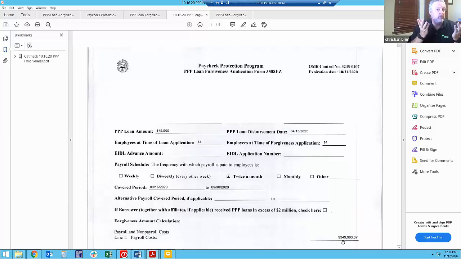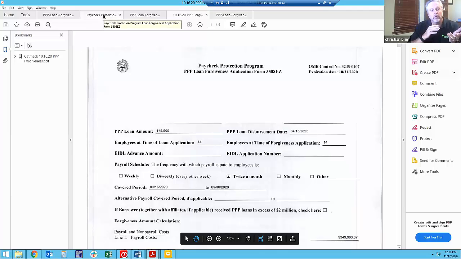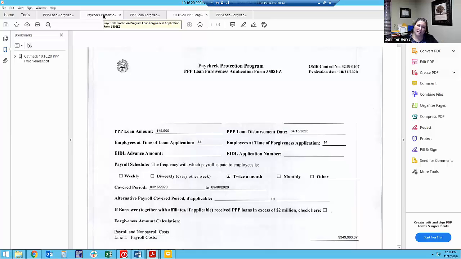Could it, and this is a hypothetical, make sense to delay your forgiveness until closer to the end of the year so that the SBA doesn't forgive it until next year? It's always possible. That would be something I would talk with your accountant about, run the numbers, and it's going to be included, but you'll have more time to maybe counteract that tax.